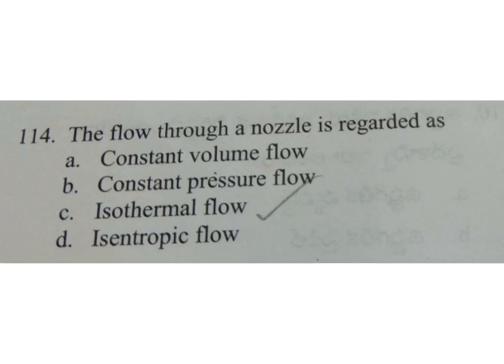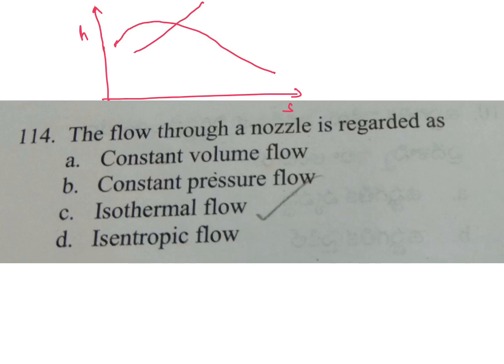The flow through a nozzle is regarded as: A, constant volume flow; B, constant pressure flow; C, isothermal flow; D, isentropic flow. So we will draw the Mollier diagram, the h-s plot, with the saturated steam line. This is the process in the nozzle from 1 to 2.